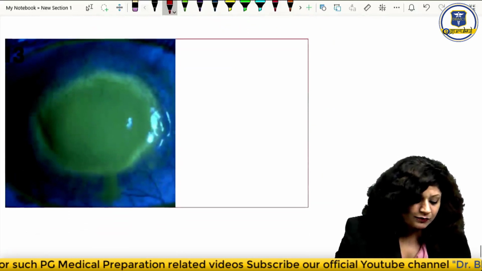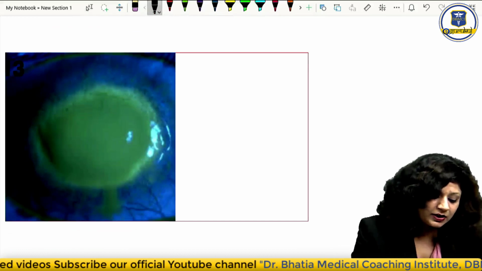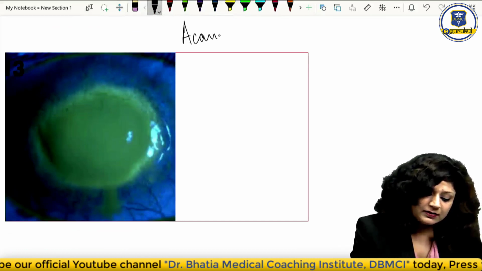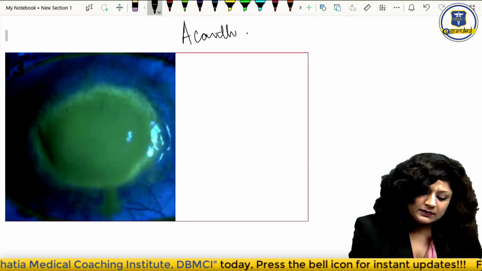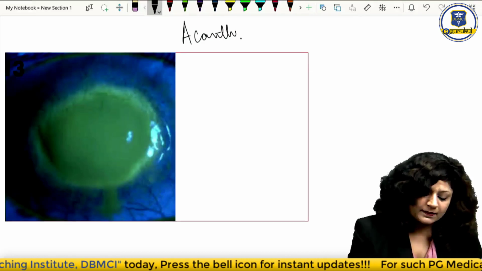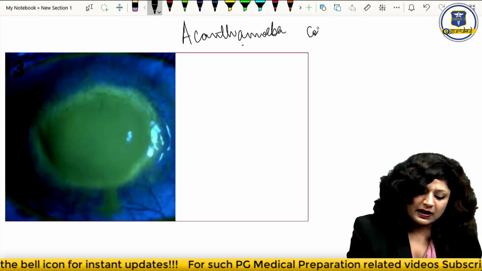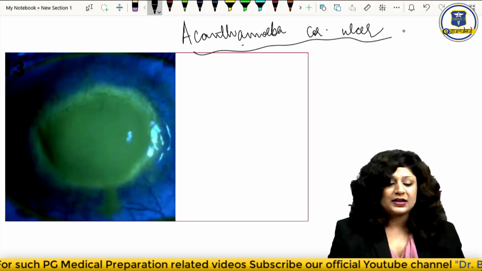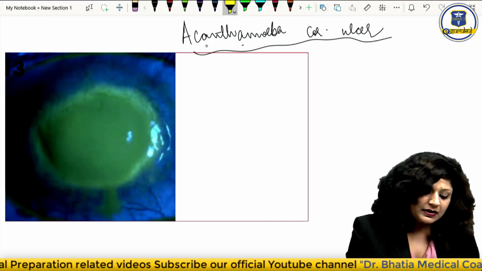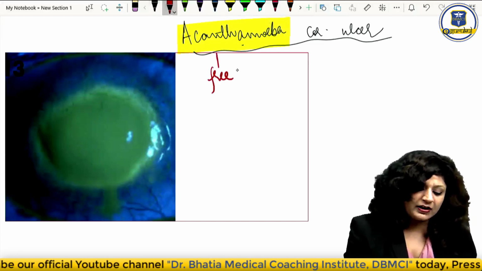Alright. Finally we come to the fourth ulcer, and this is your Acanthamoeba corneal ulcer. This Acanthamoeba corneal ulcer is caused by Acanthamoeba, which is a free living amoeba.